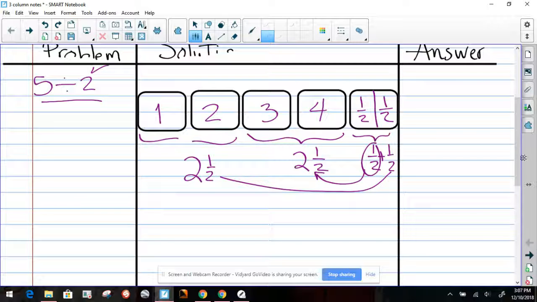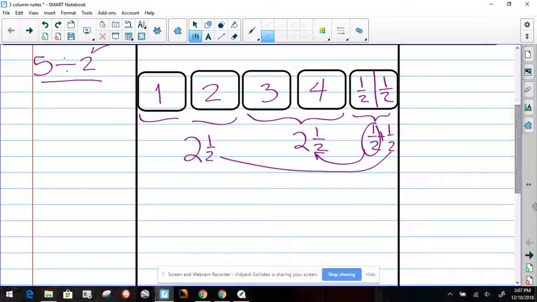Okay, so we found the answer, but still we don't know what the unit form is. Well, the unit form says that this one equals 2 halves, this one equals 2 halves, this one is 2 halves, 2 halves, and 2 halves.